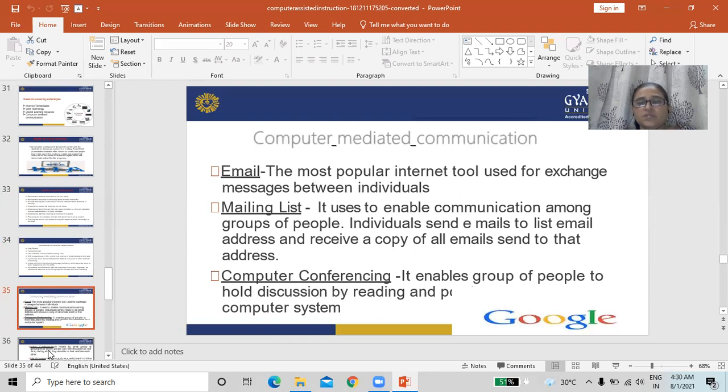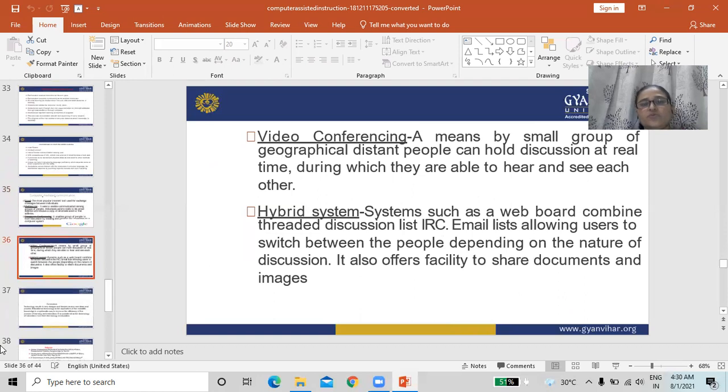Computer conferencing enables a group of people to hold discussion by reading and sending messages through a computer system. Video conferencing means a small group of geographically distant people can hold discussion in real time, during which they are able to hear and see each other.